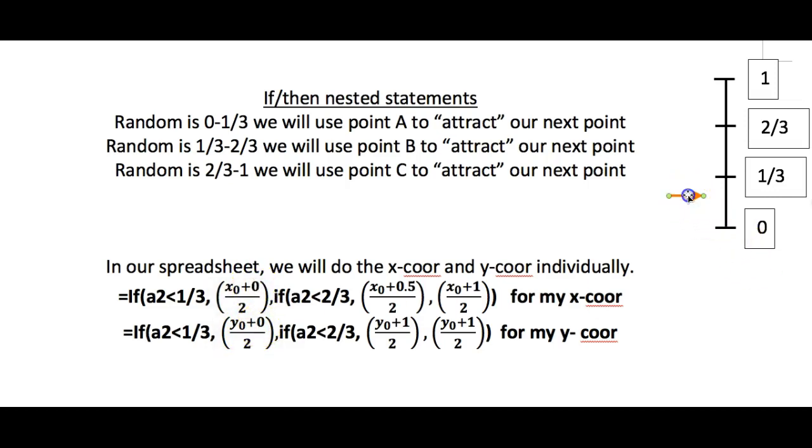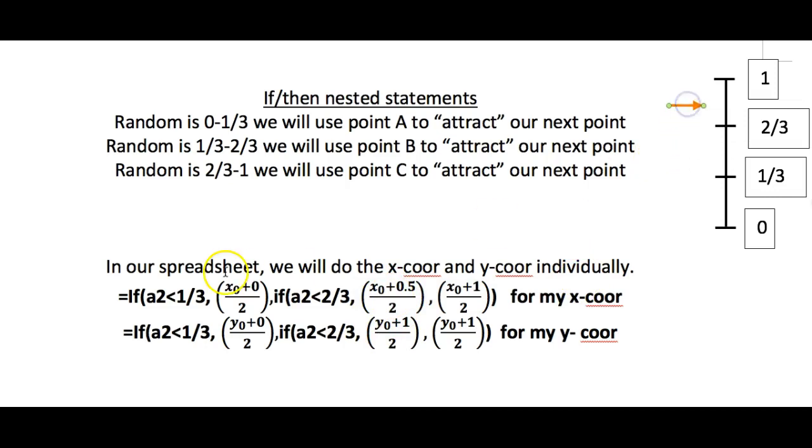Then it won't do anything else after that, it ignores the rest. What if it ends up here? Well, is it less than 1/3? The answer would be no. So it's going to go to the else statement. It's going to say, is A2 less than 2/3? Well, the answer is yes, and so it's going to apply these for the x and y. See how this is working? I hope so.